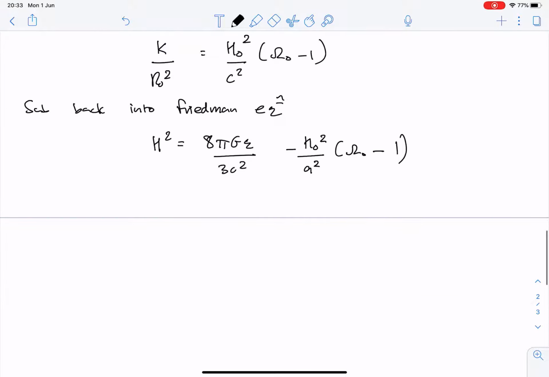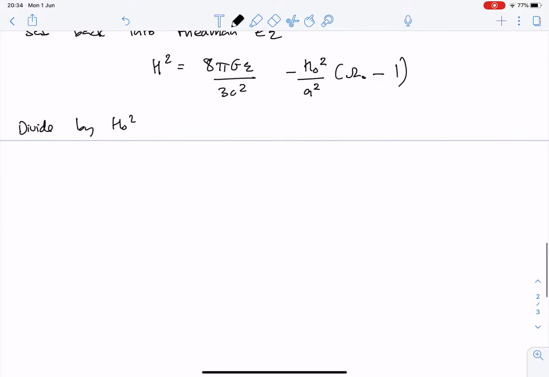And if I then divide by h naught squared, then I get h squared over h naught squared is equal to e over e c0, because again, when I divide this by h naught squared, this bit here, 8 pi g over 3c squared h naught squared, is equal to the critical density now, plus 1 minus omega naught over a squared.